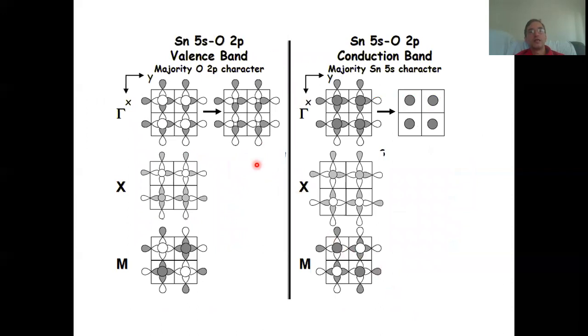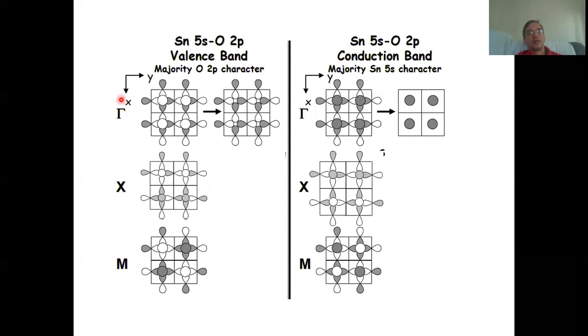All right. Now let us start with the interactions between the 5s orbitals of the tin and the 2p orbitals of the oxygen. All right. So now we again have to consider the crystal orbitals at 3 points in our reciprocal unit cell, the points lambda, chi, and m.